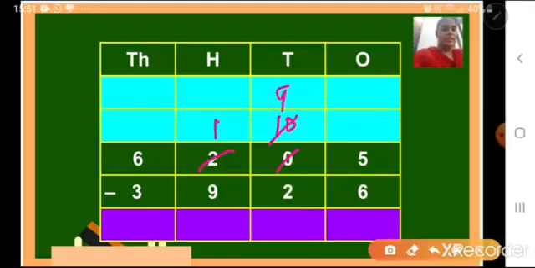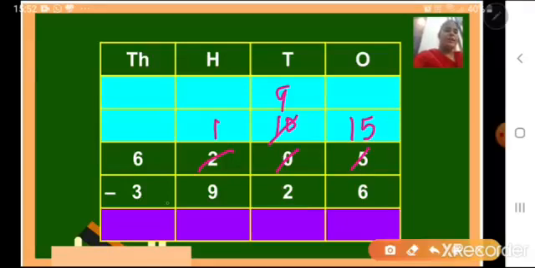I will write it here. And 1 tens will be given to ones. 1 tens is equal to how many ones? Is equal to 10 ones. Correct? So 10 plus 5 is equal to 15. So here I will cut 5 and I will write 15. Now till here we have borrowed.